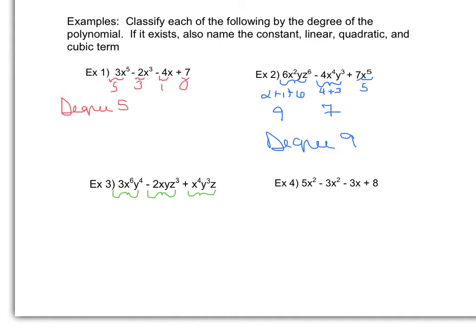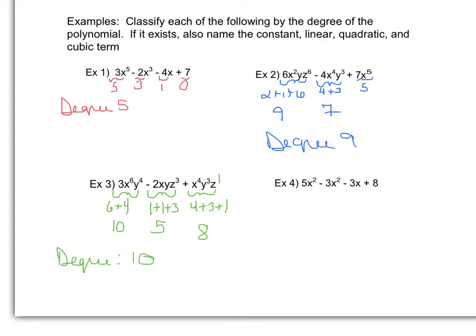I have 6 plus 4, so 10. I have 1 plus 1 plus 3, because remember, when looking at the x and y, if there is no exponent written, it is a 1, so I get 5. And 4 plus 3 plus 1 gives me 8.